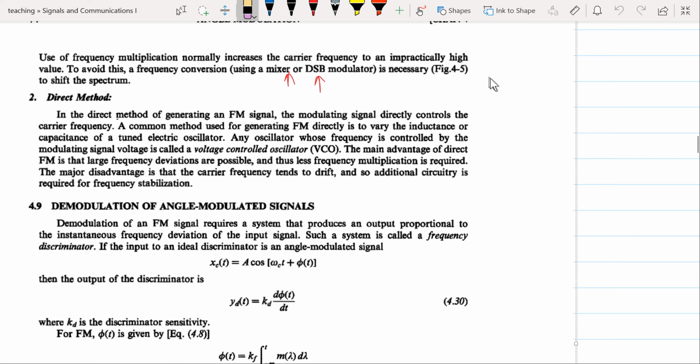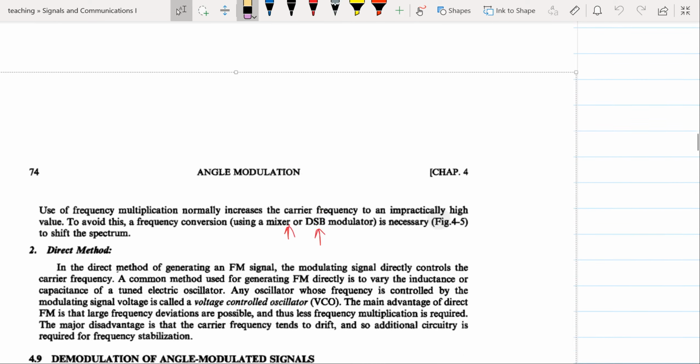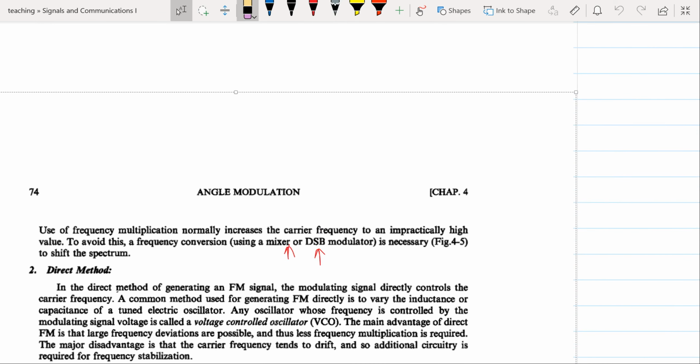And to sum this up, we conclude the generation of wideband FM signals with the direct method, in which case the modulating signal directly, that is the word that we must get, controls the carrier frequency.